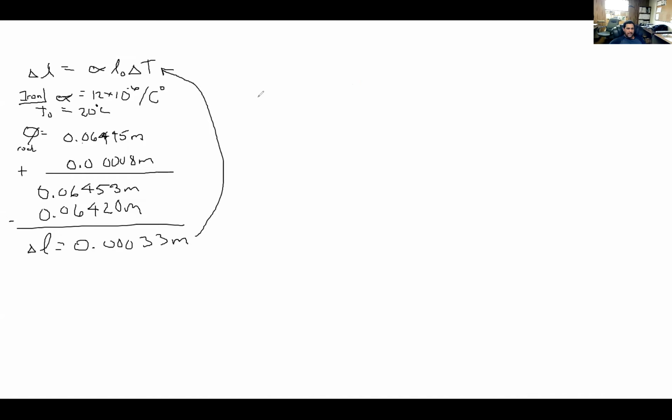The change in length that I want is my 0.00033 meters. That's going to be equal to the 12 times 10 to the minus 6th per degree Celsius. The original length is the original diameter of the ring, which is the 0.0642 meters.